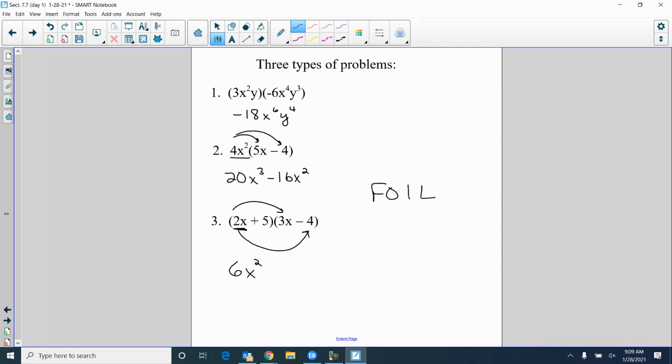And then what will be the next term? Is it negative 6x? No, it's negative 7x. Where are you getting 7? Negative 8. You're going to take 2x times negative 4, 2 times negative 4, negative 8x.